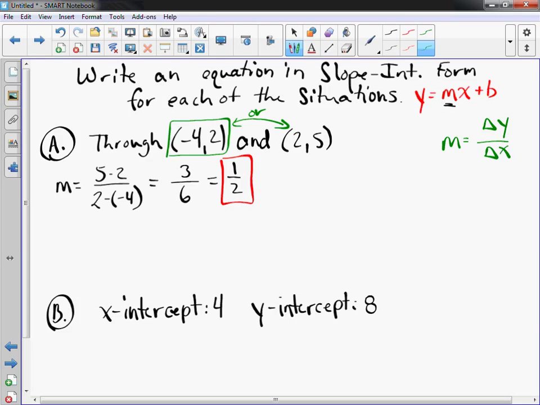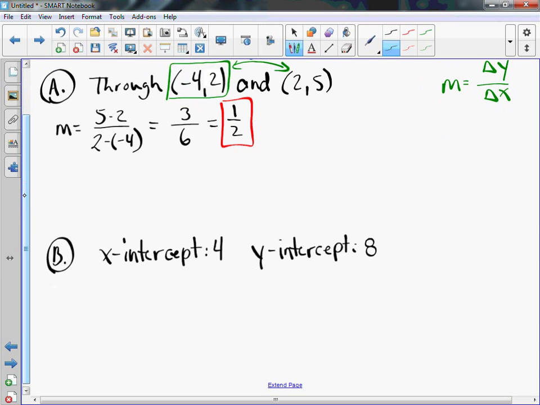Those are the 2 things needed to write the equation in point-slope form, so point-slope form is what I want to use.